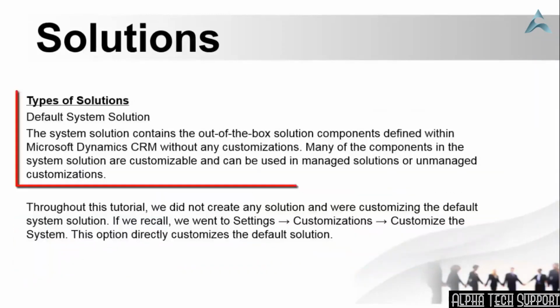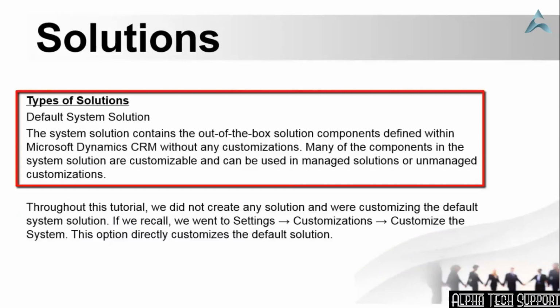So what are the types of solutions available? The first is the default system solution. The system solution contains out-of-box solution components defined within Microsoft Dynamics CRM without any customization. Many of the components in the system solution are customizable and can be used in a managed solution or unmanaged customization.